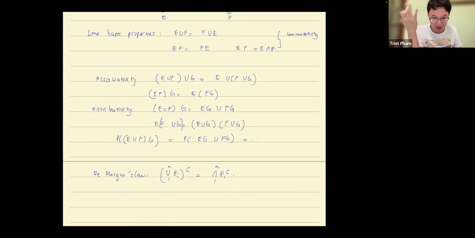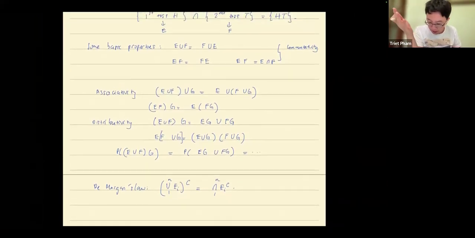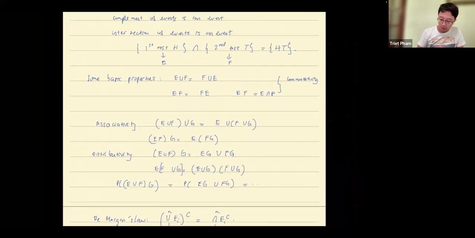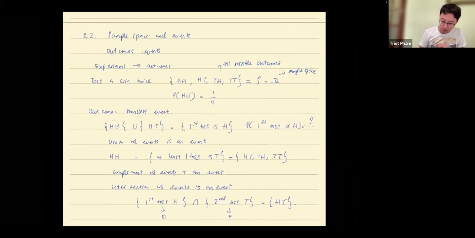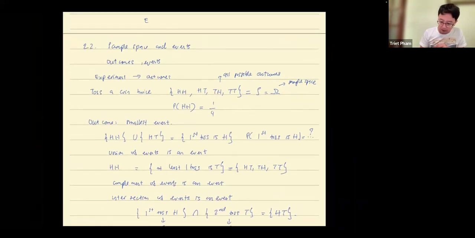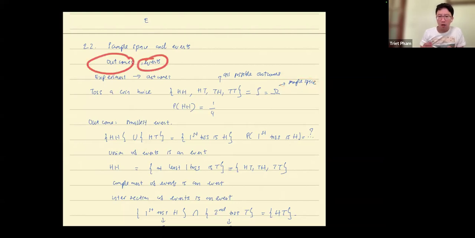I suspect there's not much to ask, but let me recap. Basically, 2.2 is just careful to lay out what the language of a sample space means: outcomes, events.